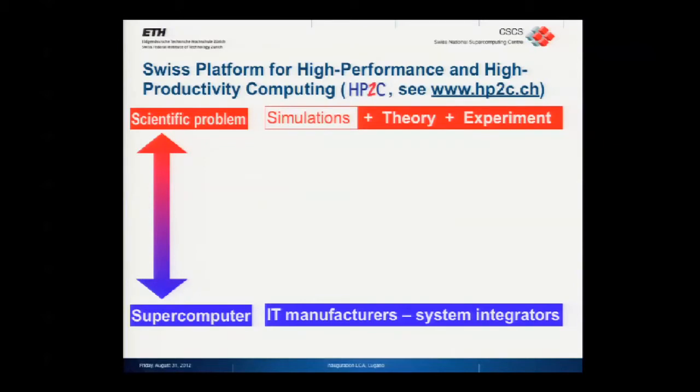And this is what we do with this HP2C platform. We recognize that we have fantastic scientists, and so we invest in those scientists. We don't try to spend the money here in Lugano, but we spend a large part of it at the various universities, ETH in Zurich, and the university in Lugano.